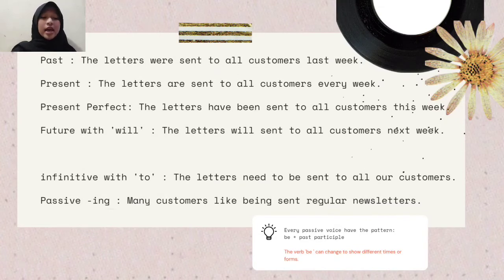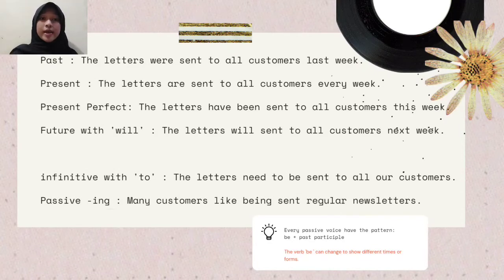The letters have been sent to all our customers this week. Future with will. The letters will be sent to all our customers next week. Of course, there are other possible forms, but the idea is the same.